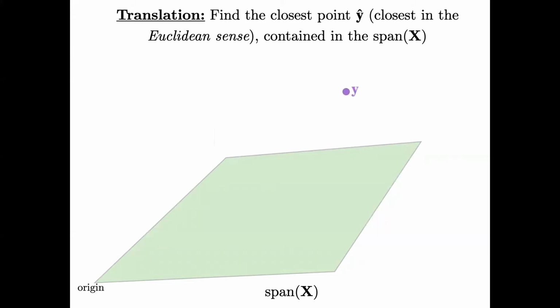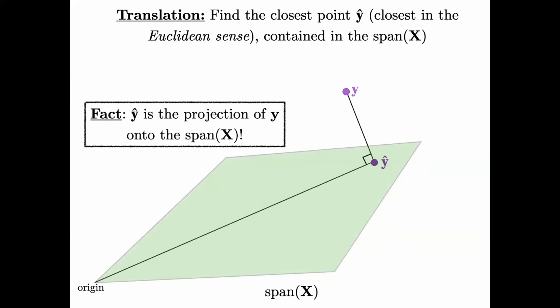And now I have y. Sadly, the point y, that response variable, is not contained in the span of X because I don't have an exact solution. Well, if y hat is the closest point to y that's contained in the span of X, it's got to be the orthogonal projection of y onto the span of X. And it is.